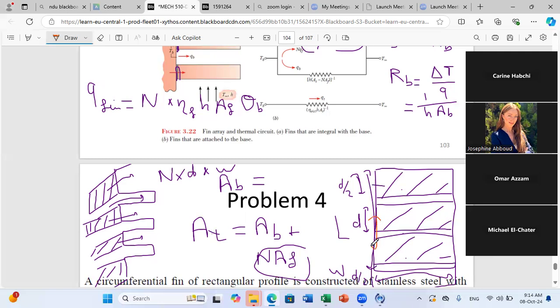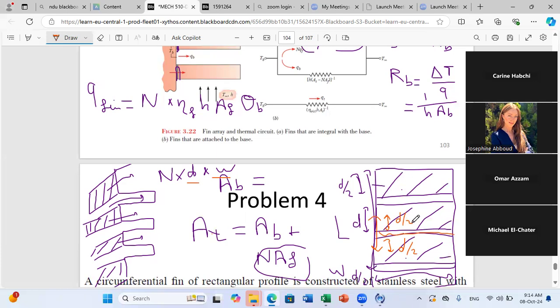So for each part covered by a fin, you have from this side D over 2 not covered, and from this side D over 2 not covered by fin. So what is the total area not covered by fins? It's the number of fins times D times W in this case.